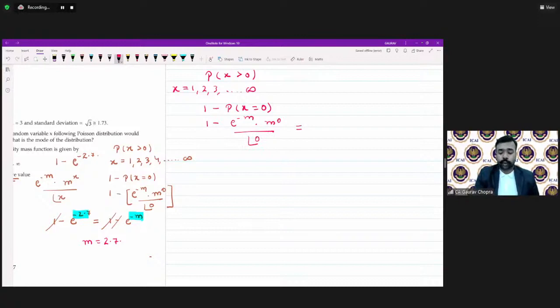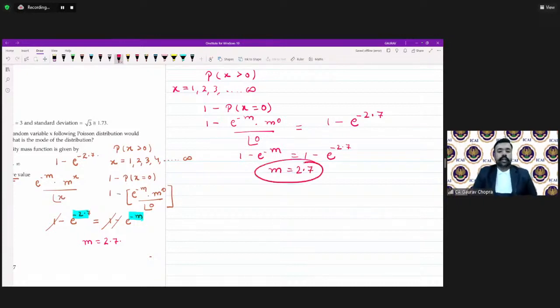This is equal to the given value in the question. On comparing both the sides, we are simply getting mean as 2.7. Also, variance is equal to 2.7. Both are the same. Mean as well as variance, both are 2.7.